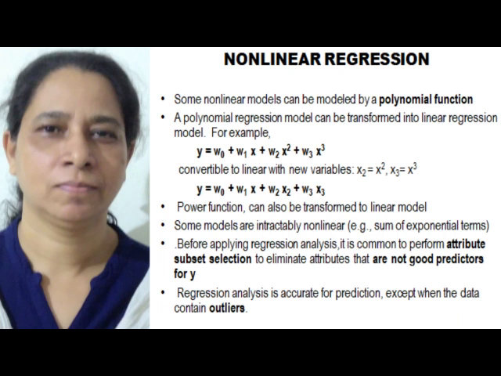To convert this equation to linear form, we can define new variables such that x square is equal to x2 and x cube is equal to x3. Equation can be converted to linear form by applying these assignments. So the resulting equation is y is equal to w0 plus w1x plus w2x2 plus w3x3. Values for w1, w2 and w3 can be solved by the method of least squares.